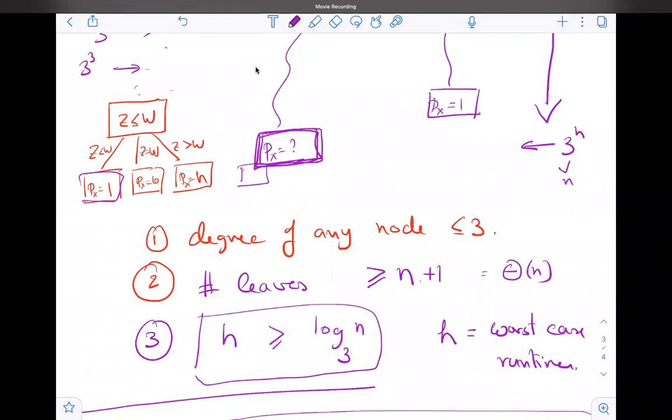Okay, so this argument says that any algorithm, and I'm not talking about some particular clever algorithm, no, any algorithm has to make at least log n base 3, or theta log n, number of comparisons before it can find a point in the worst case.